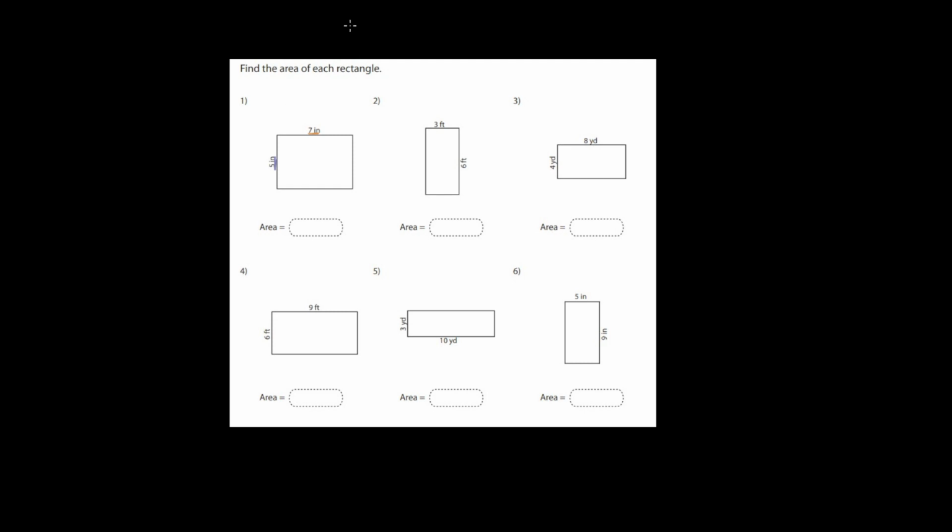Area equals the length times the width. So our length is, for number 1, 7, and we're going to multiply that by the width, which is 5. What is 7 times 5? That's going to be 35. So our answer is 35 inches squared.